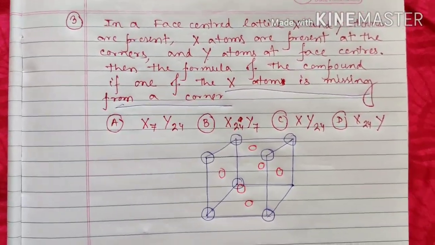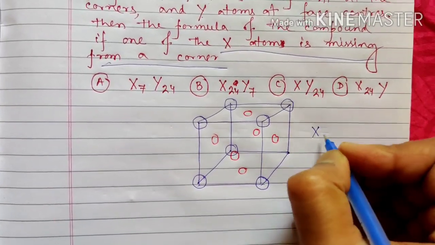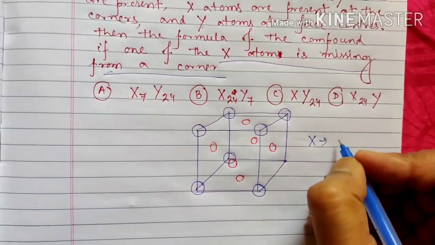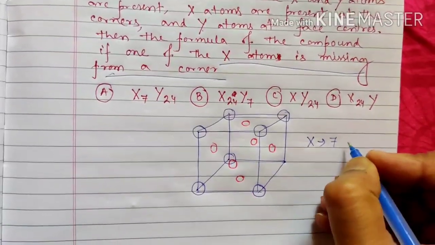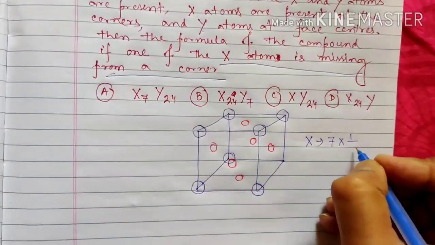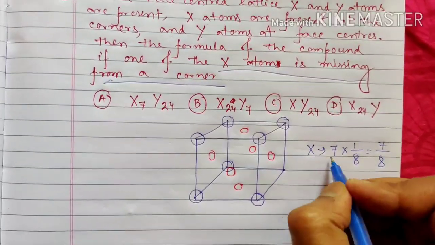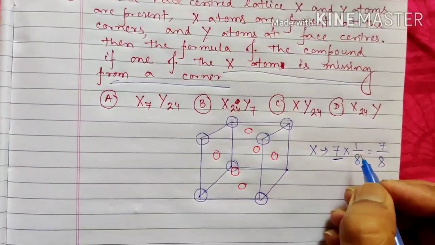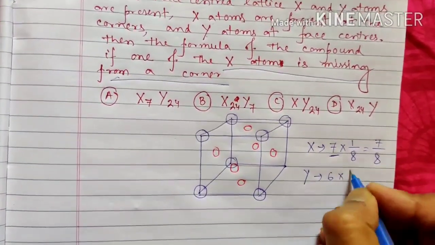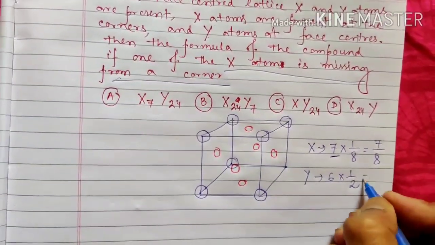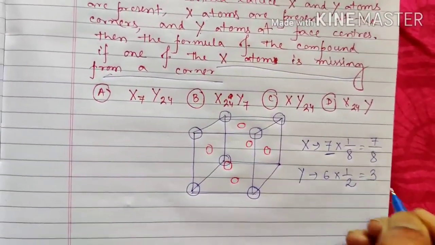Now let us see the contribution. So for X atoms, there are how many atoms? 7 atoms now. Each contributes 1 by 8. So it is 7 by 8. Here it is 7 because one atom is missing. And for Y, there are 6 atoms, each contributes half, so it is how much? 3.